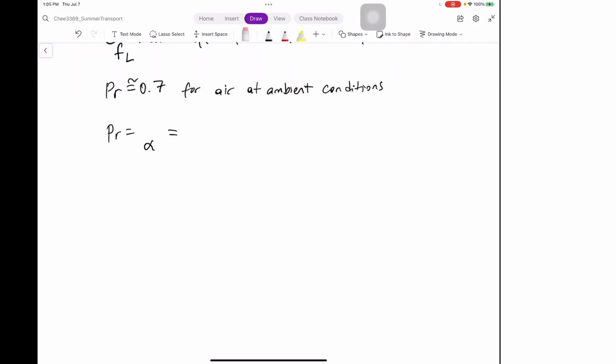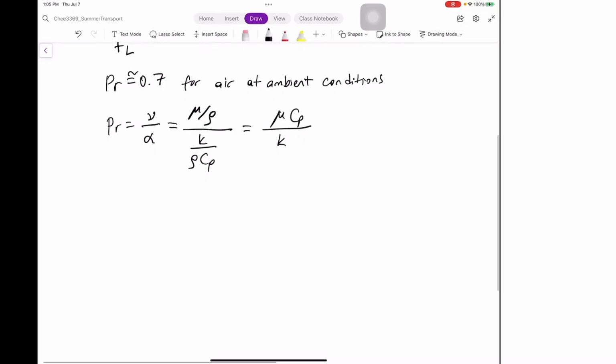If you're not given nu and alpha, you can write them in terms of mu and other quantities. Nu is equal to mu over rho, and alpha is equal to k over rho Cp. You don't need to know rho because they cancel. You can also use mu Cp over k.